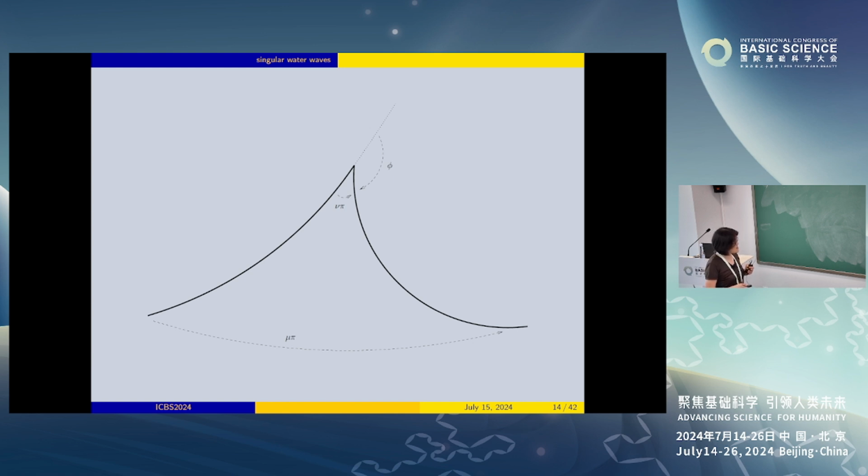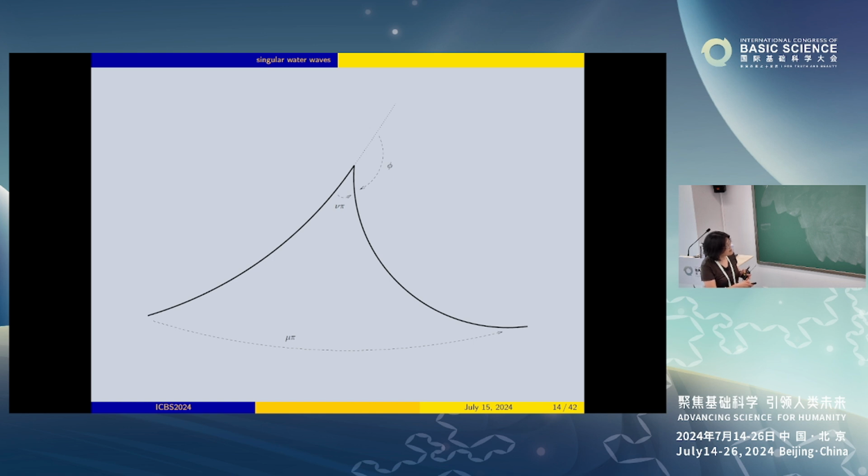You can say concave up, and you could keep going concave up. But we never see waves that are concave up and then go up like this; it will always go down. So now we impose a turn of the angle: concave up, then it turns by a certain angle and is concave up again.